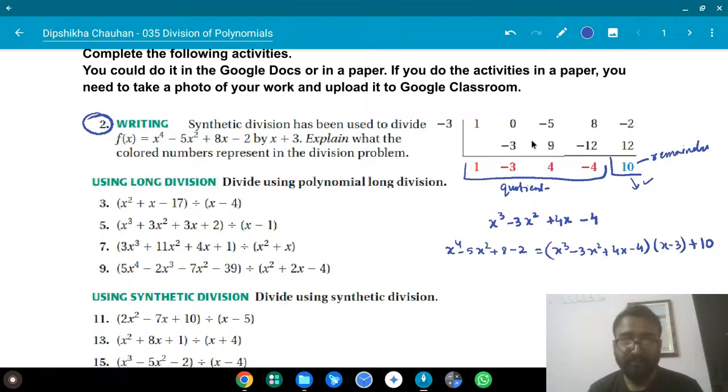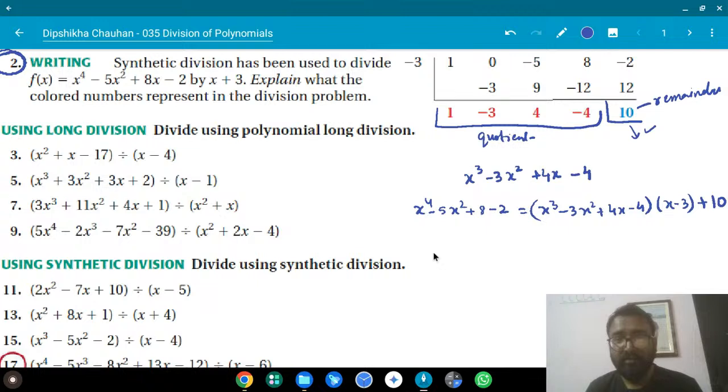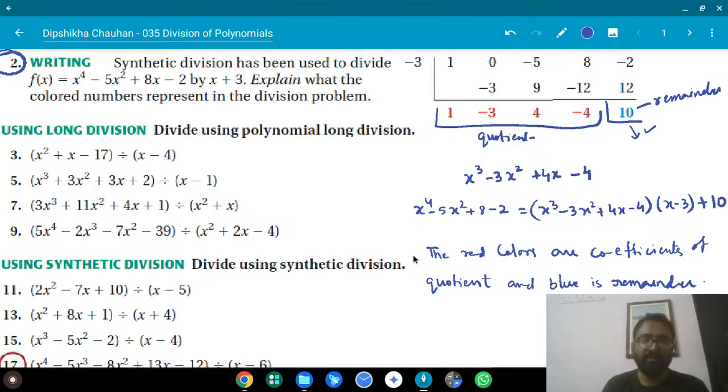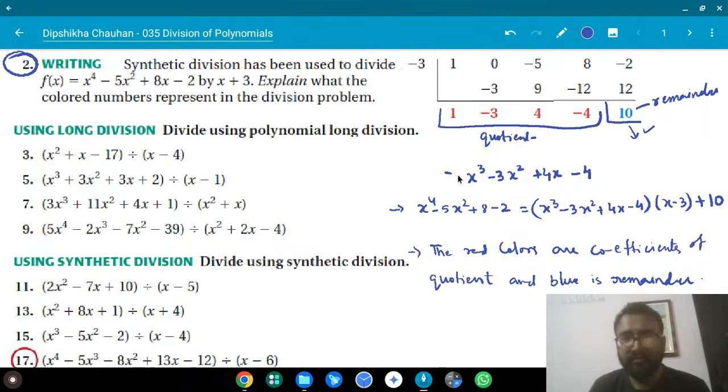So here you can explain: the red colors are the coefficients of the quotient function, and blue is the remainder. So this is the explanation for the problem. And this is the standard form of the notation after the division. So this is your quotient, and that is the remainder.